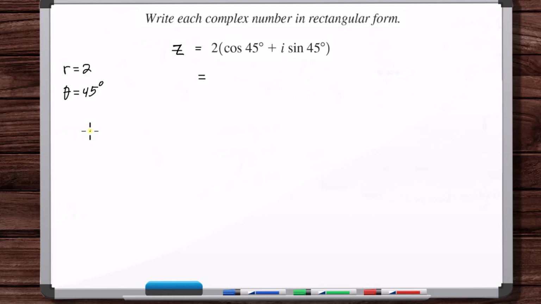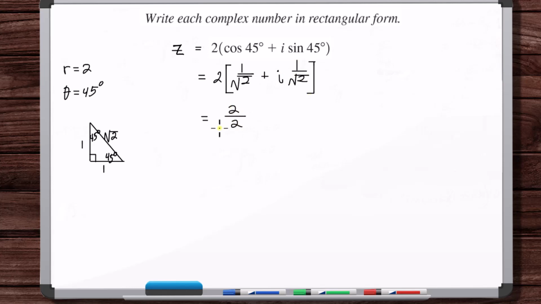So, all right, if we draw the reference 45, 45, 90 triangle, cosine 45 is 1 over root 2, and sine of 45 is also 1 over root 2. Okay, so distributing the 2.